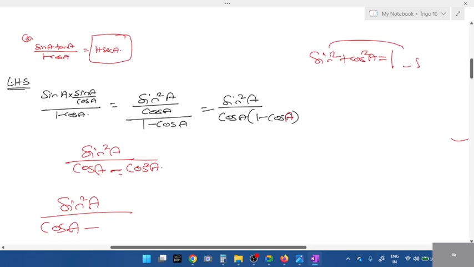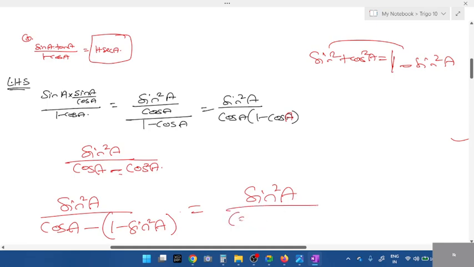So that is what I'm going to substitute here, 1 minus sin square A. Sin square A remains as it is, divided by cos A minus 1. Wait a minute. Sin square A by cos A. So when you multiplied, we got cos A into 1 minus cos A.